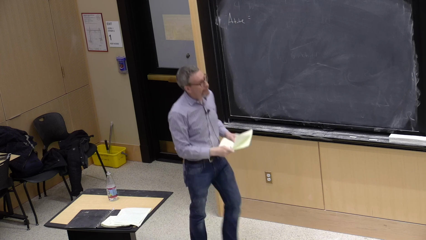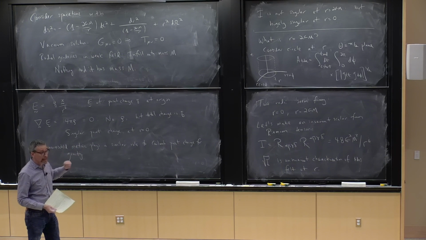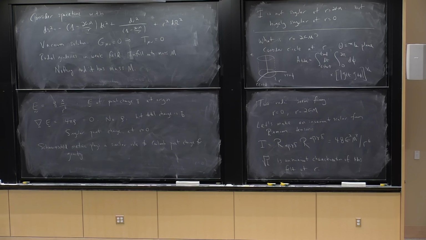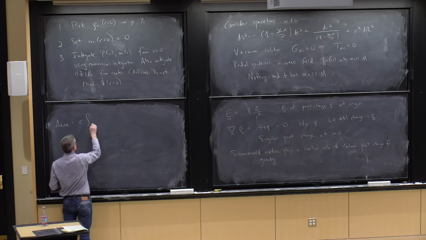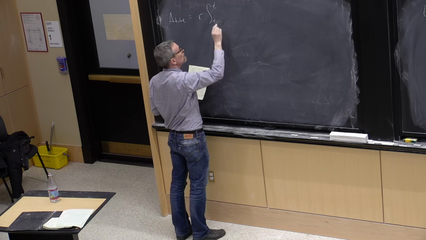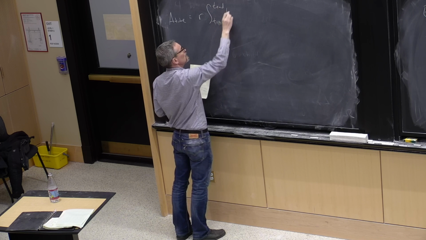So I take my Schwarzschild metric. g_phi_phi in the theta equals pi over 2 plane is just r. g_tt is the square root of 1 minus 2GM over r. So the area of my tube is going to be r times the integral from my start time to my end time, dt.